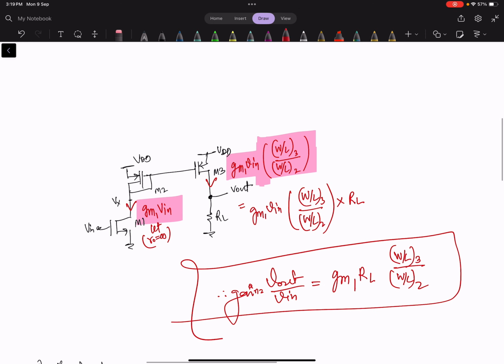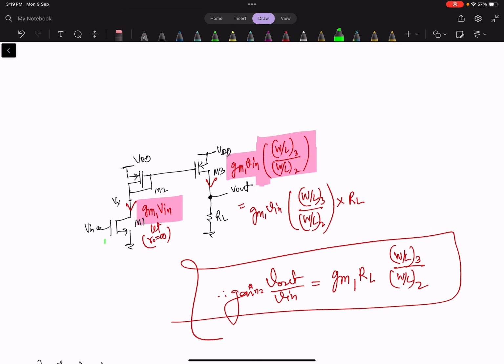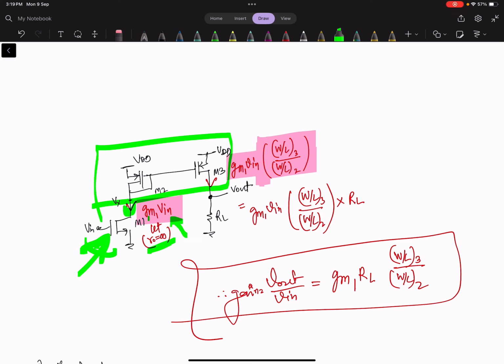This is my point to explain. This is my current mirror, so what I will do is take the current here, which will be defined by gm times VGS. Let's say R0 is infinity, in that case it is gm1 V in, and the current in this branch M3 is whatever the current is here multiplied by the ratio of the aspect ratios.